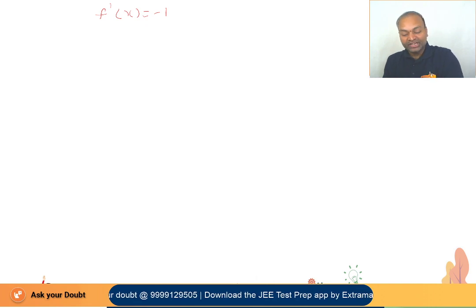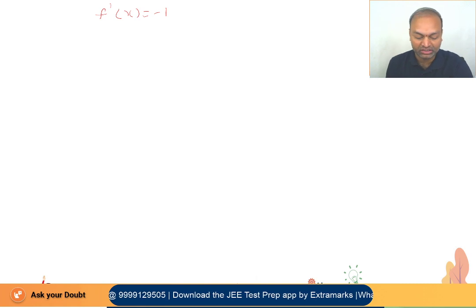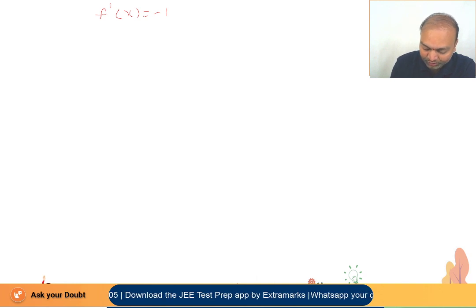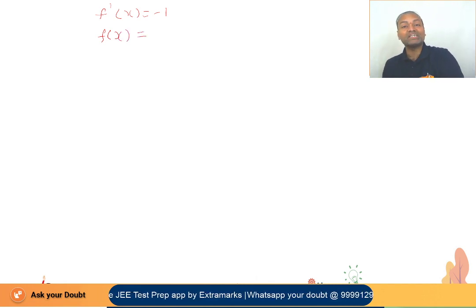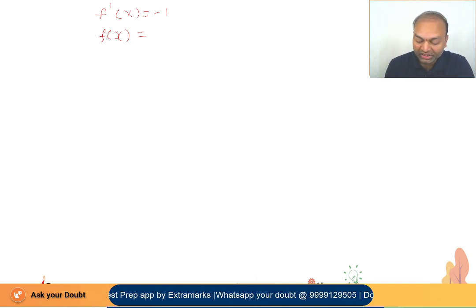How to eliminate the derivative? Integration. Right? Integrating on both sides with respect to x, derivative and integration cancel. So the answer will be f of x is equal to integral of minus 1 dx. Integral of 1 dx will be x, so minus x plus some constant c.